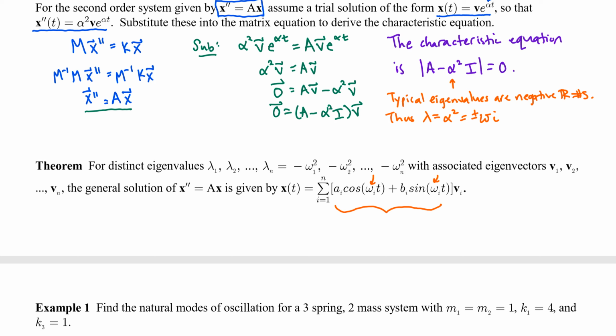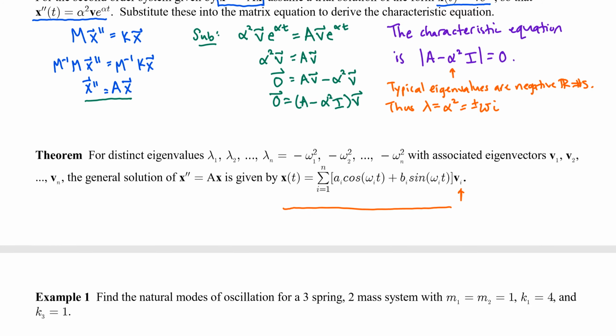So that looks like it did in Unit 2 with a single differential equation. Now to update it for a system, we're going to multiply by these associated eigenvectors v, so that this gives me not just a single solution, but a system of solutions.